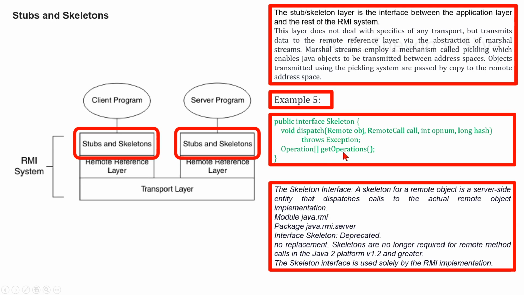The getOperations method returns the array of Operation containing operation descriptors for the remote object's methods.